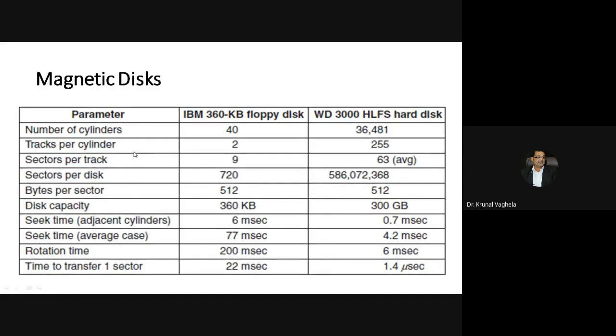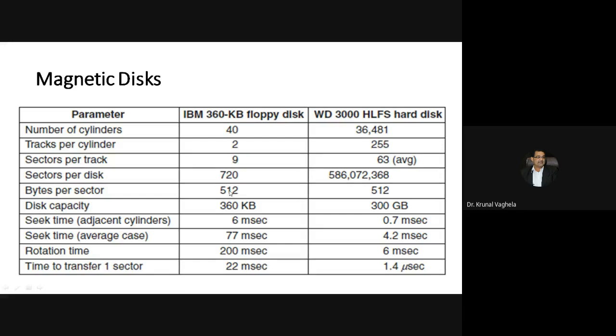Tracks per cylinder: 2 tracks, 255 tracks. Sectors per track: 9 sectors, 63 average sectors. Sectors per disk, in the entire disk, 720 sectors, and in this one 586072368 sectors in a disk. Bytes per sector, how many bytes you can store in the sector? 512 bytes you can store.